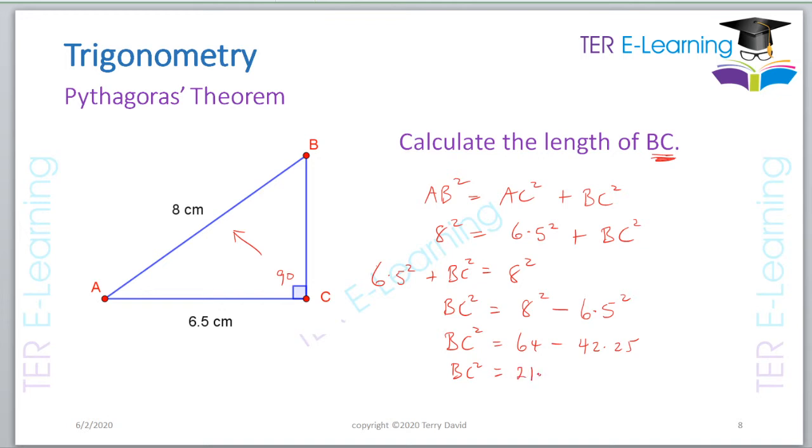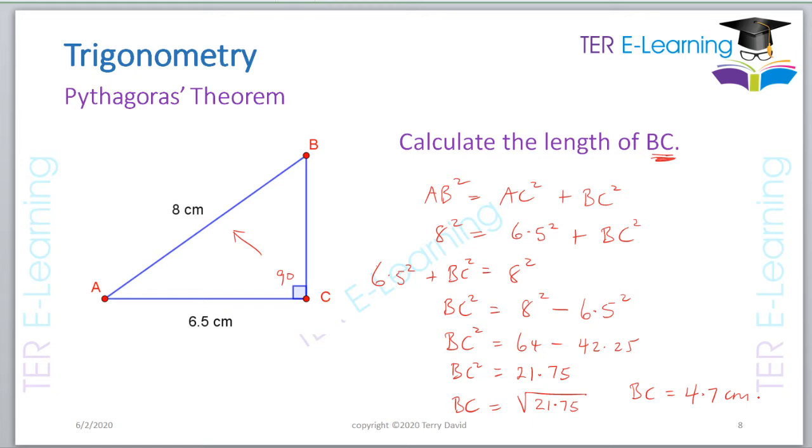Therefore BC is equal to the square root of 21.75, and use a calculator for this part, you're going to get 4.7 centimeters. So your length in this particular case is 4.7 centimeters.